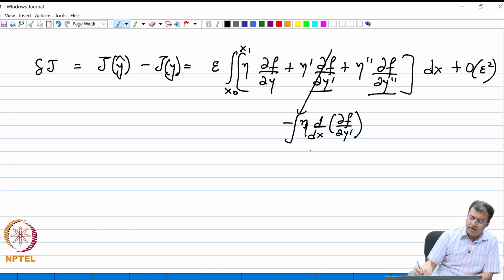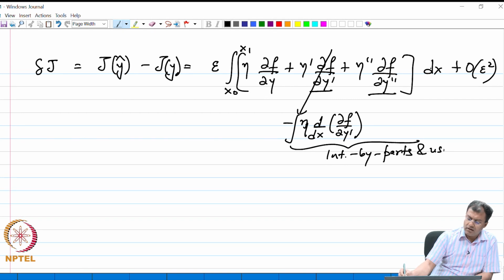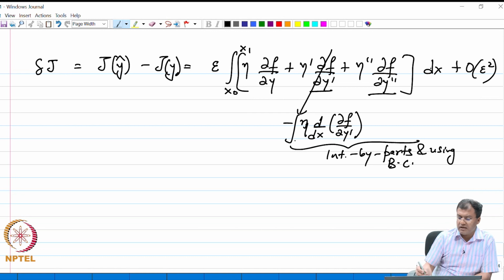This is coming due to integration by parts and using the boundary condition, that is the perturbations eta vanish at the boundary, right.